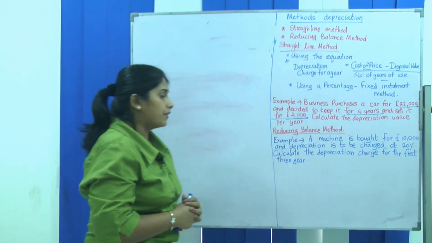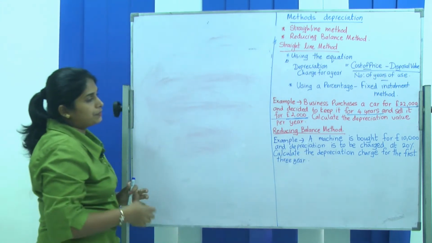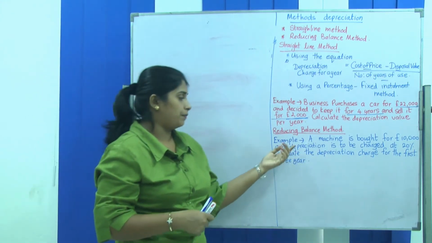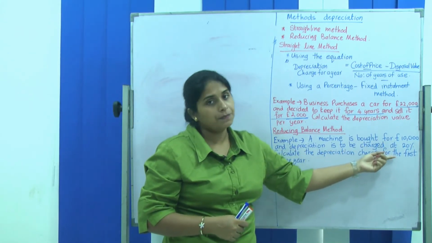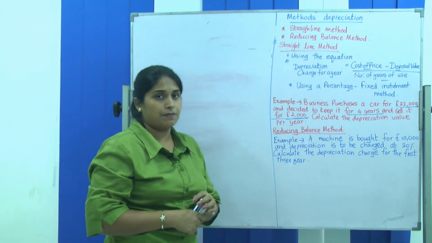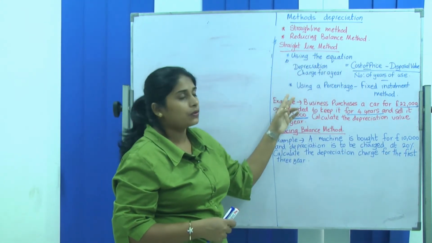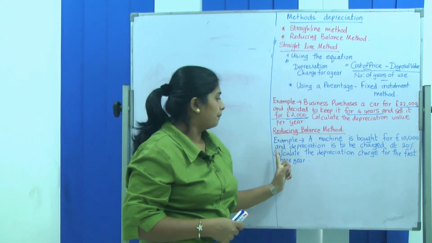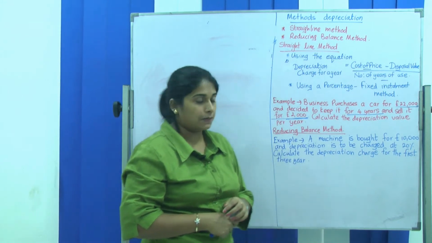So I'll use the first example which I have written on the board. A machine which has been bought for 10,000 pounds and depreciation is to be charged at 20%. When using the reducing balance method, it's always given as a percentage. For the straight line method you have 2 ways to calculate, but for the reducing balance method there is only one, given as a percentage.